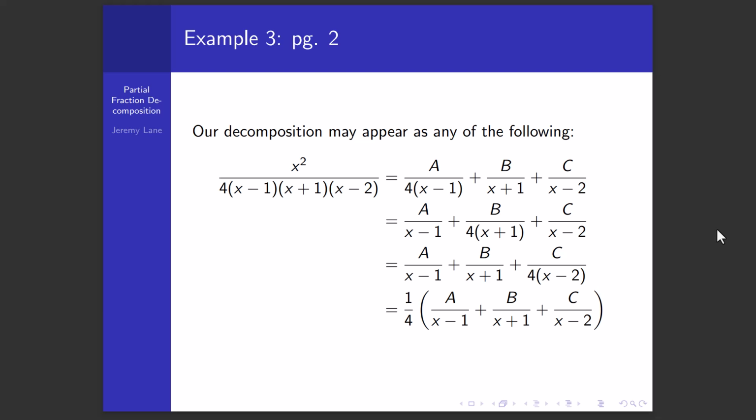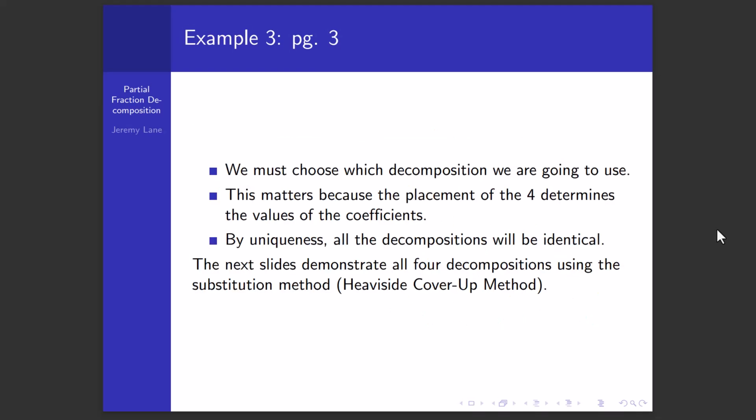So the question is, how does this affect the values of these coefficients, a, b, and c? And that's what we're going to discover. So we're going to choose which decomposition we're going to use, and this matters, of course, because the placement of the 4 is going to have an influence on the values of the coefficients. But by the uniqueness property of partial fractions, they will all be identical through algebraic manipulations.